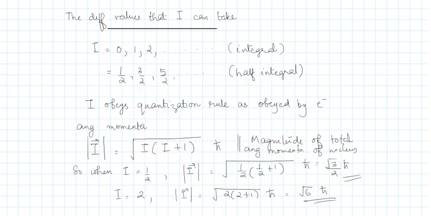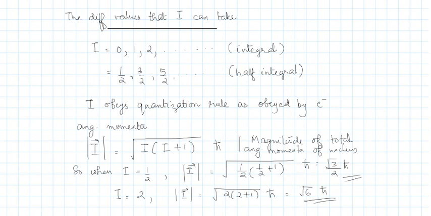Now, what are the different values that nuclear spin can take? Nuclear spin can take integral values like 0, 1, 2, 3, etc. And it can also take half integral values like half, 3 by 2, 5 by 2, etc. Nuclear spin obeys the quantization rule as obeyed by electron angular momentum.